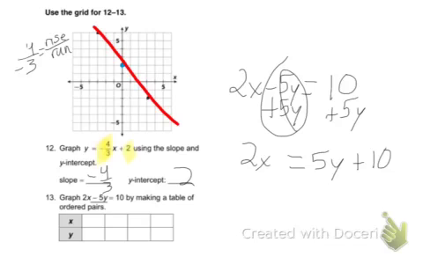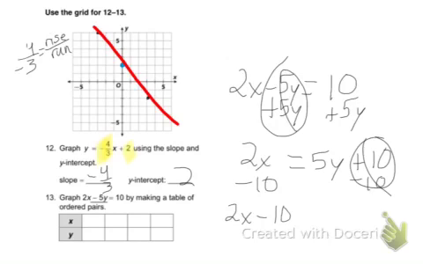We need to get y by itself, so now we subtract 10 on both sides. These cancel. So we get 2x minus 10 equals 5y. To get y by itself, we divide by 5. These cancel, and we're left with y equals 2/5 x minus 2.